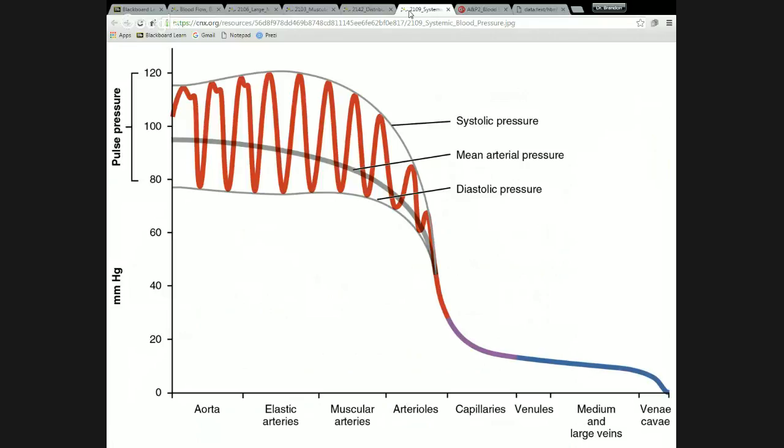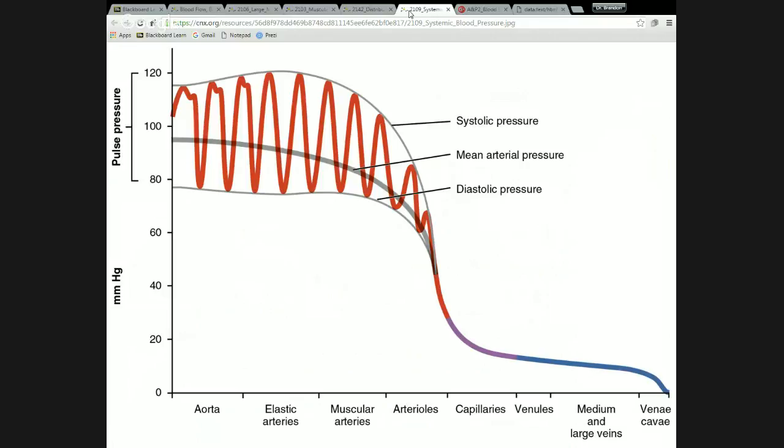The line that we have here represents the pressure. The red line represents the pressure in the blood as it goes through the arteries, where it's oxygenated. Then the color switches to purple and blue as it goes into the capillaries, venules, and veins, as the blood becomes deoxygenated.